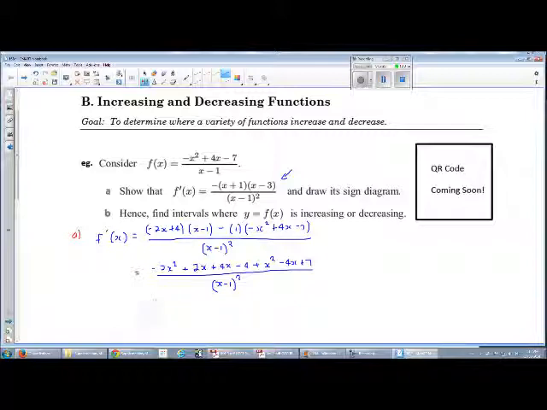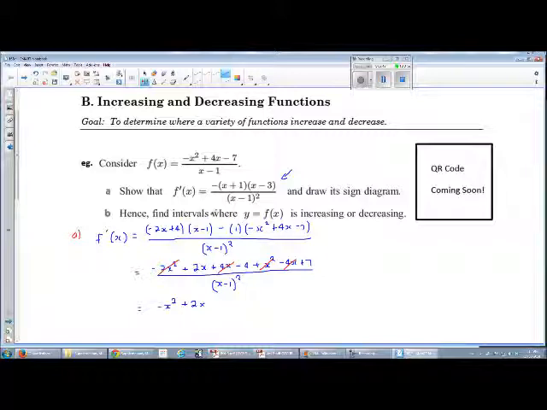Now I'll just simplify the numerator here by combining the like terms. So I've got negative x squared. That takes care of the negative 2x squared and the positive x squared. And then I've got plus 2x, because that takes care of this positive 4x and negative 4x.